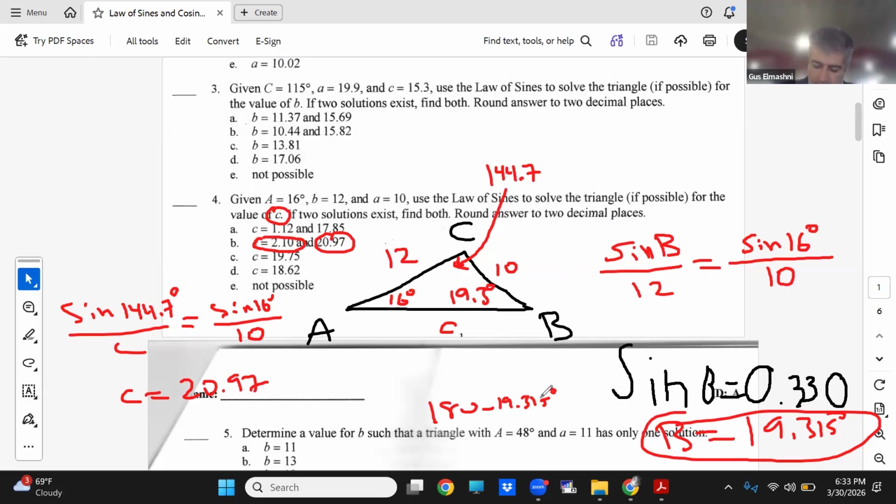See, if I do 180 minus 19.315, I get 160.685. If I take the sine of that, I will get 0.330. So there's actually two possible angles for angle B. It's one of those weird things that happens with sines. If I did sine of 160.685, yeah, I do get that. So what that means, the triangle could have also looked like this.